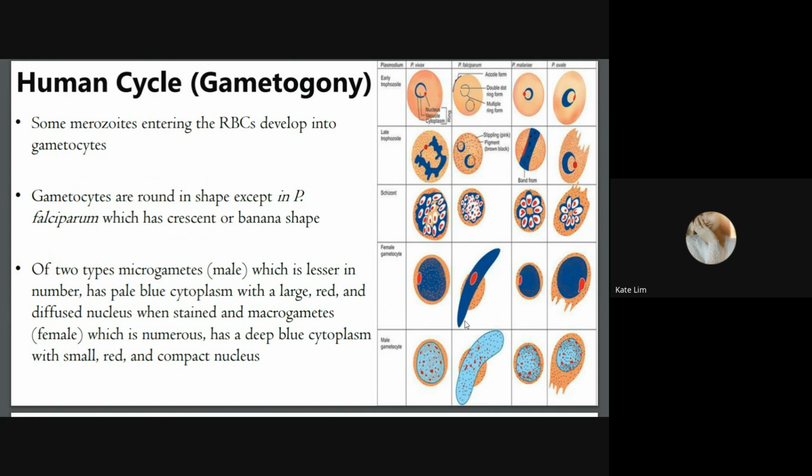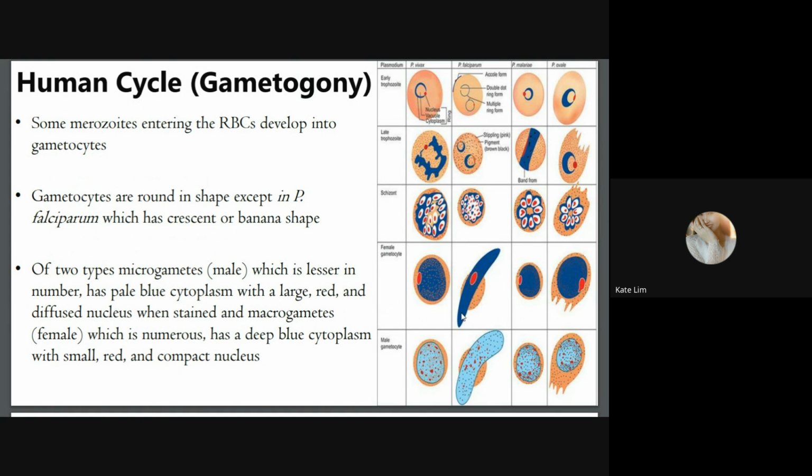This would make them easier to identify during microscopic examination. Again, there are two types of gametocytes: the microgametes and the macrogametes. Microgametes is the male. Again, in parasitology, usually the males are shorter, smaller, and fewer in numbers.